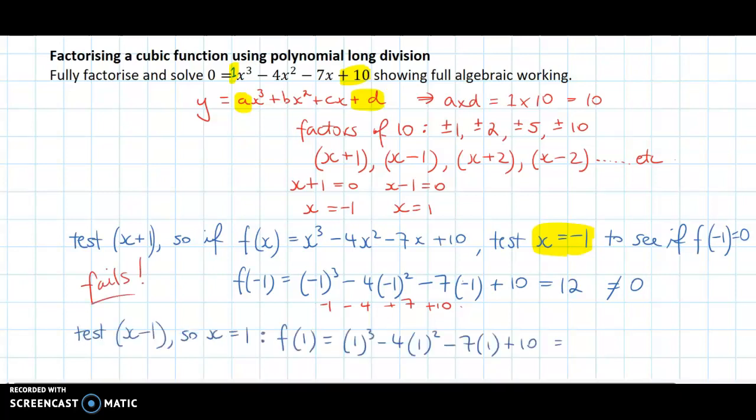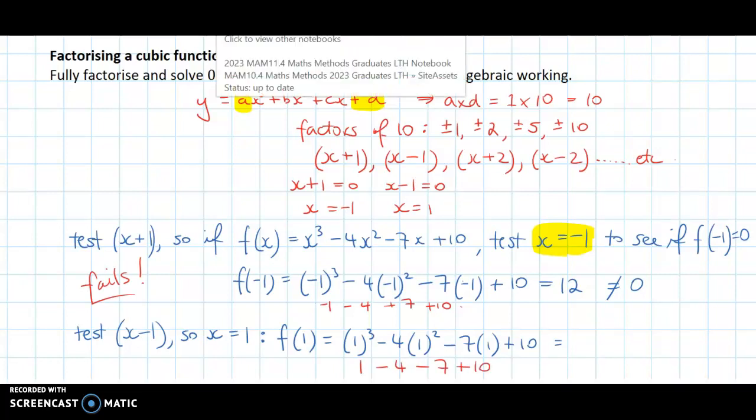So moving on to my next, testing x minus 1. Rearranging that, I know I'm actually substituting x equals 1 into my function. So I've got 1 cubed, which is 1, minus 4 times 1 squared, which is 4, minus 7 times 1, which is 7, plus 10.